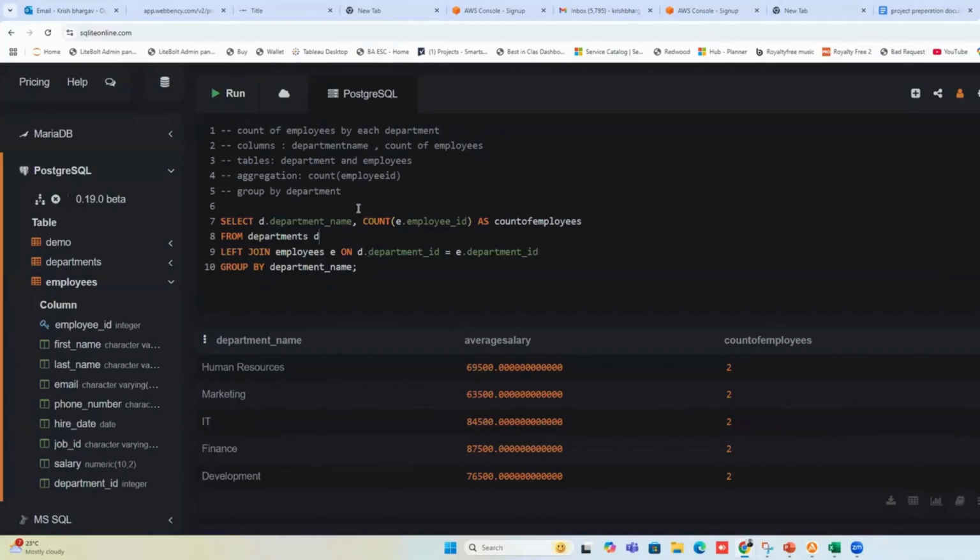Left join means, here he's saying, give me count of employees. Did he say only give me count of employees if they have a department? No. He said, give me count of employees by each department. So for every department, I need count of employees. So in my support department, how many employees do I have? 0. Correct. But I need that as well. You understood?